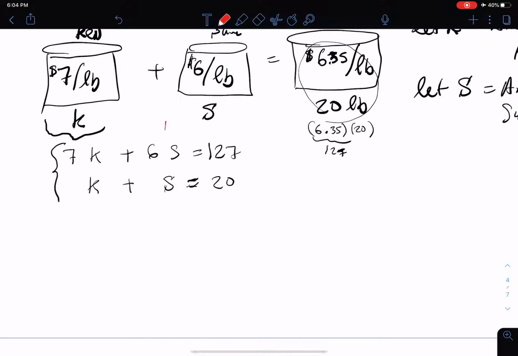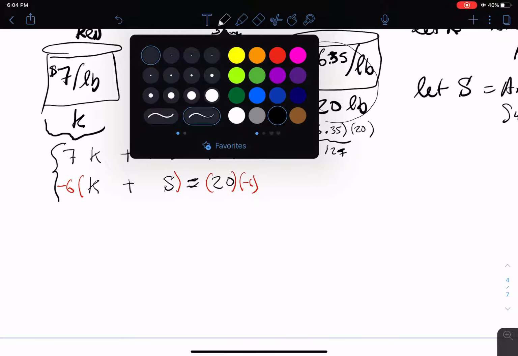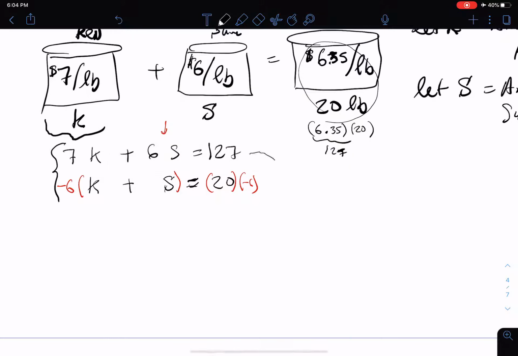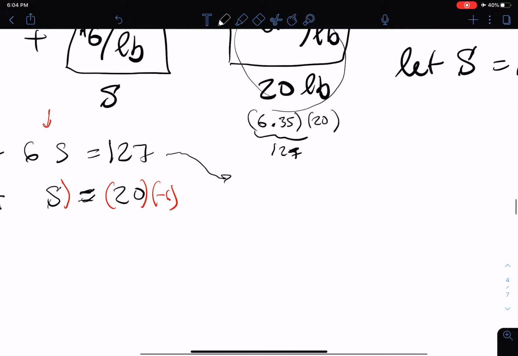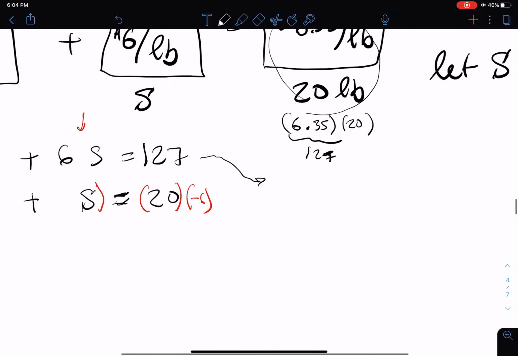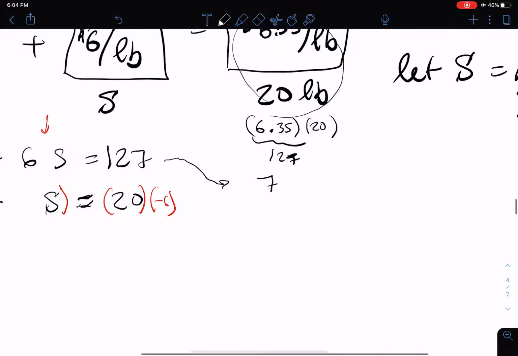I want to eliminate the S's, so I'm going to multiply the bottom equation, the left and right, by -6. Let me copy the first one down here. I'm zooming in to give ourselves a little more space. When I copy that back, it's 7K plus 6S equals 127.